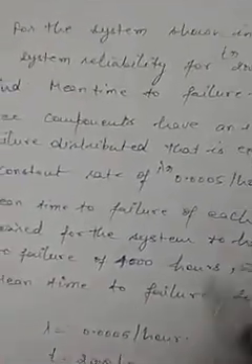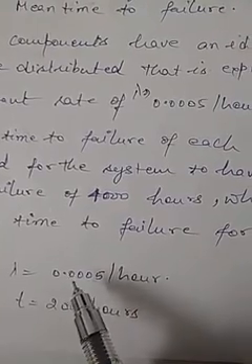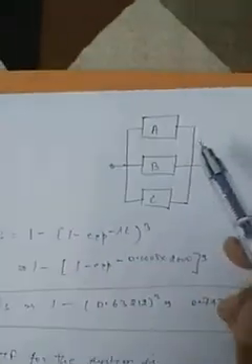For the first part, lambda is given as 0.0005 per hour and T is given as 2000 hours. Three components A, B, C are connected in parallel.